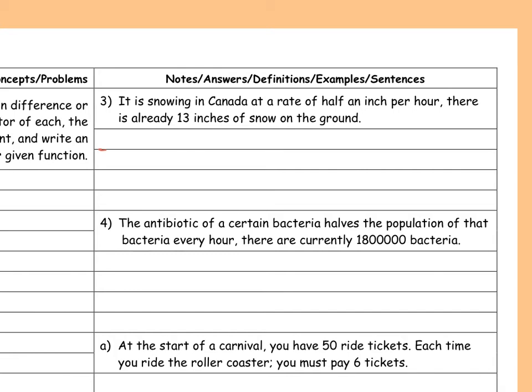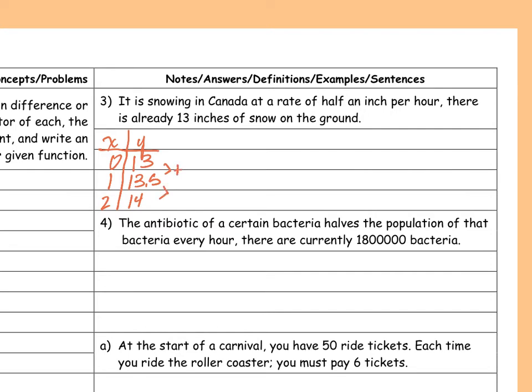So if I'm making a table, at my 0th time, there's already 13 inches. After an hour, there's 13.5 inches. And after 2 hours, there's 14 inches. So what's happening?